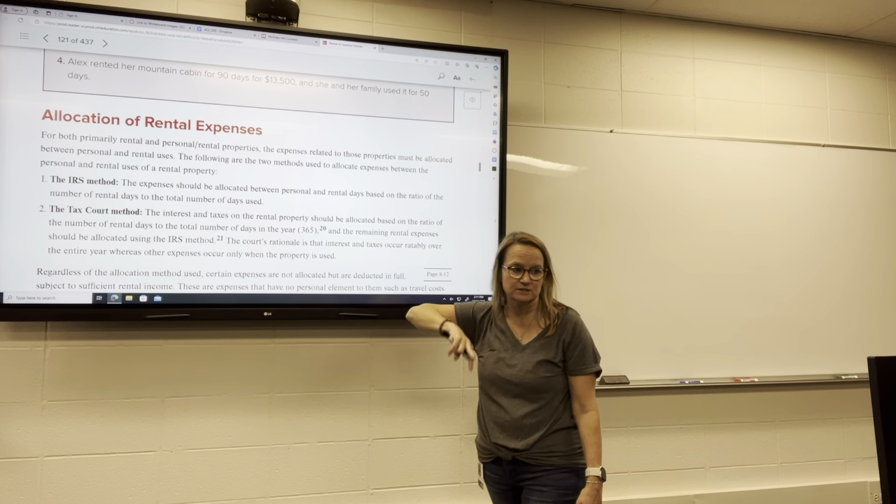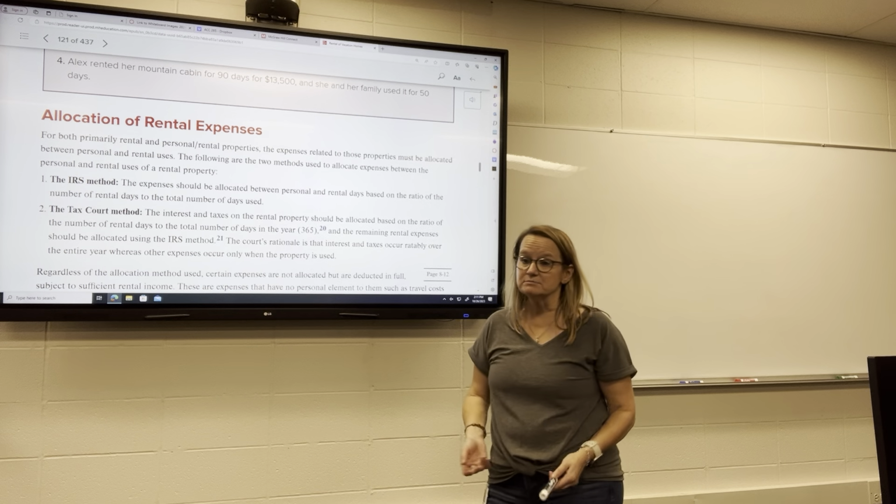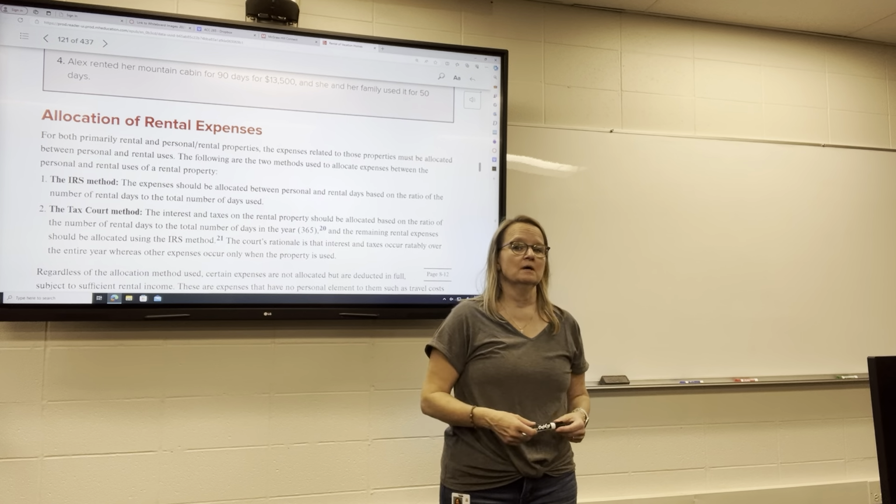Obviously, any direct expenses attributable to renting the property would be 100% deductible against the rental income. However, we have items like insurance, mortgage interest, and property taxes that you pay all year long, whether you're there or not.